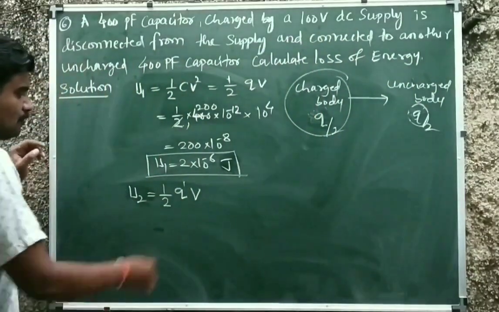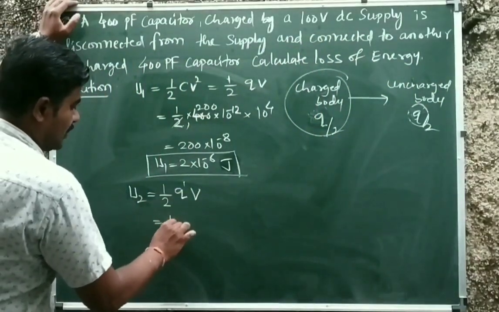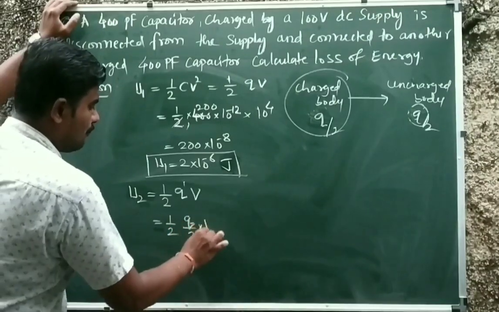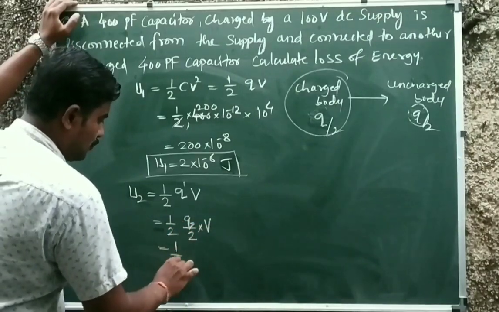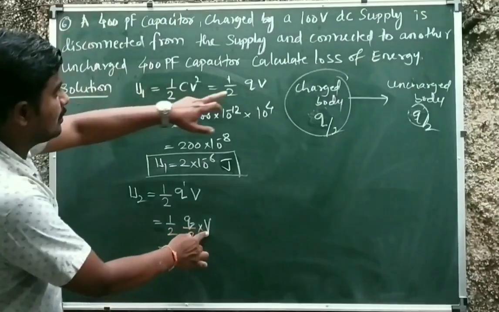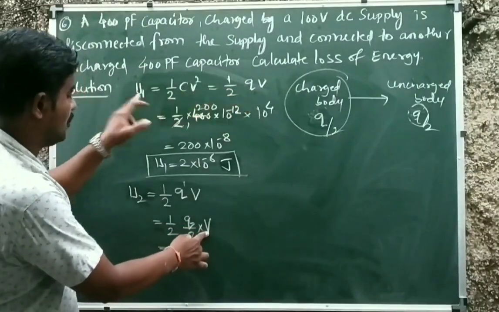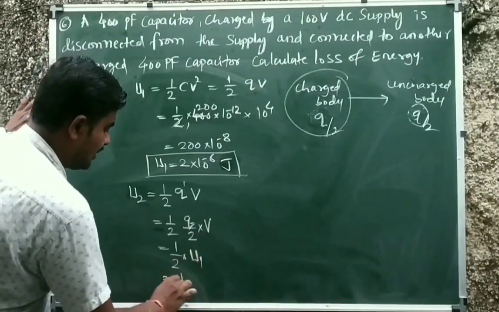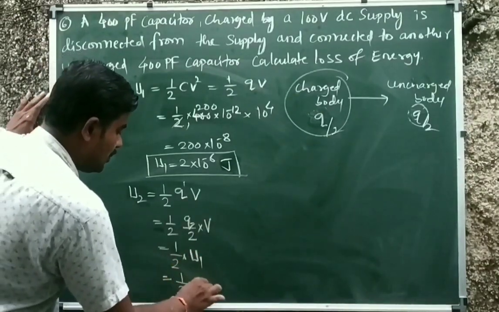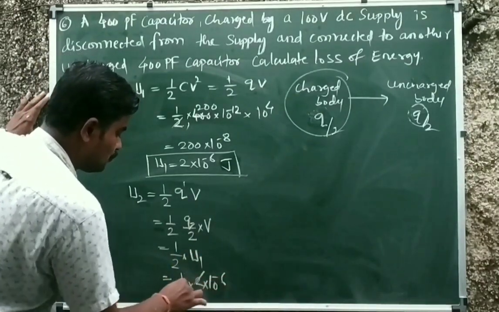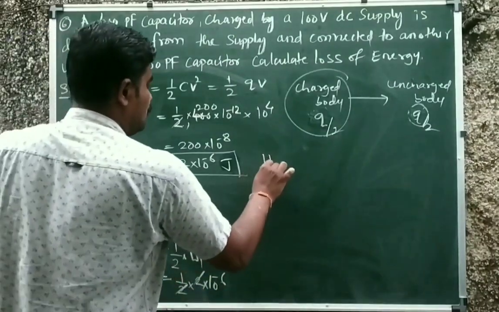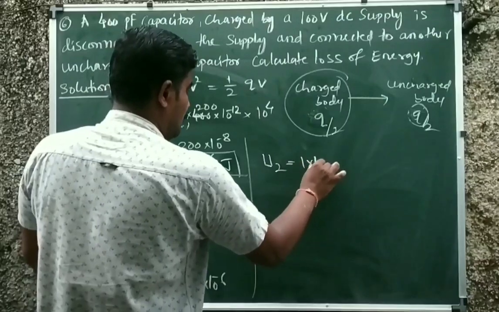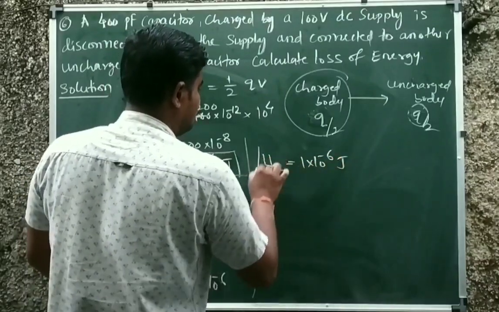Therefore it is 1/2 Q'V, and the Q' value is Q/2, into V. So 1/2 times Q/2 times V, which is U1/2. U1 we have calculated: it is 2 into 10 to the power minus 6. So the 2 cancels, and U2 is equal to 1 into 10 to the power minus 6 joules.